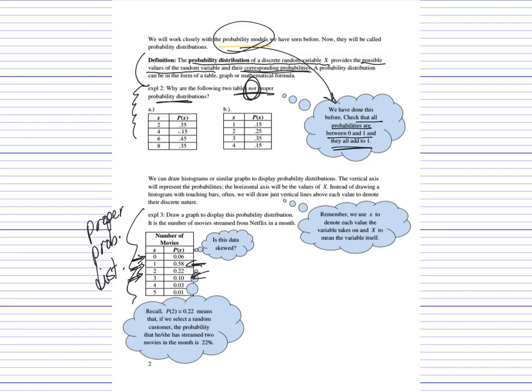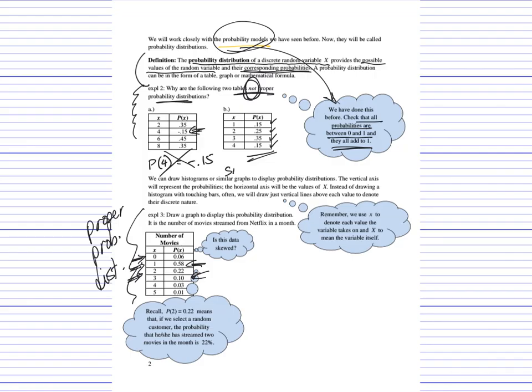So what I saw here on part A was this probability. This is telling me the probability that x is 4 is negative 0.15. Well, that can't be, because probabilities can't be negative, right? So that's the problem there. And on B, I look at each one and they all are numbers between 0 and 1, those probabilities, that is.